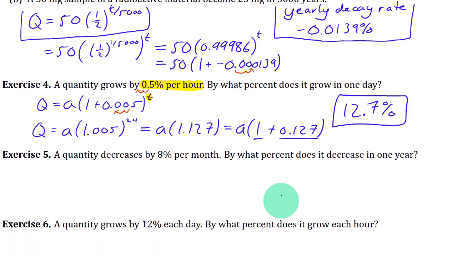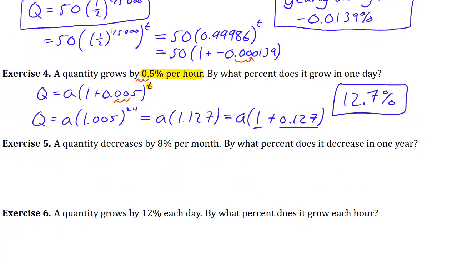All right, so for exercise 5, a quantity decreases by 8% per month. So by what percentage does it decrease in 1 year? Let's see. So if it's decreasing by 8%, we can say the quantity starts at A, whatever that is, and we're going to do this as 1 plus negative 0.08 to the power t, where t is the number of months.